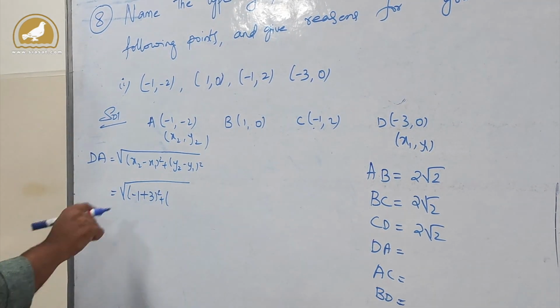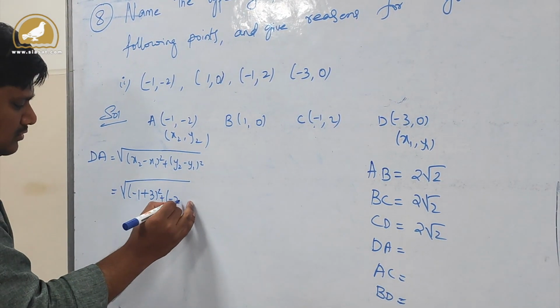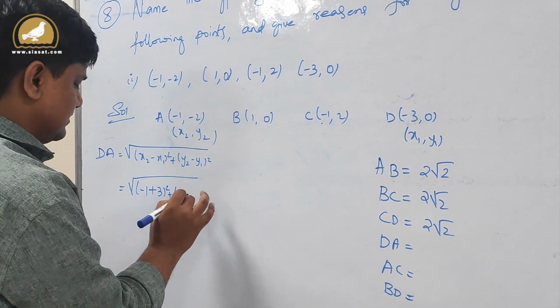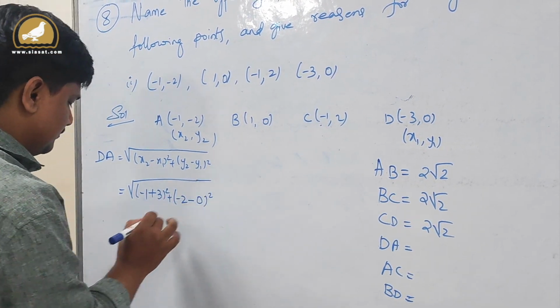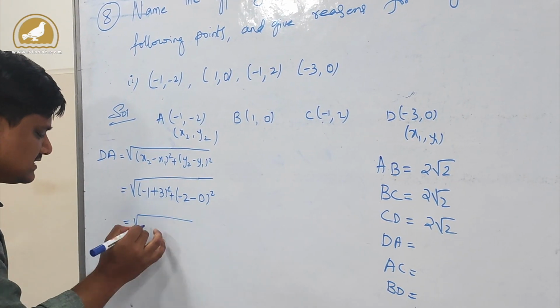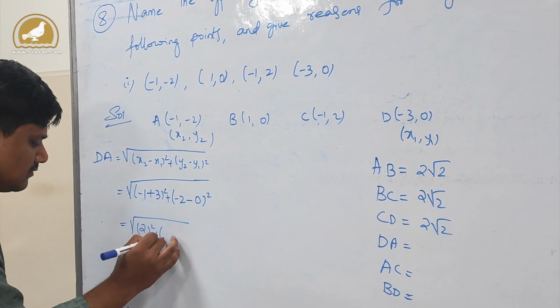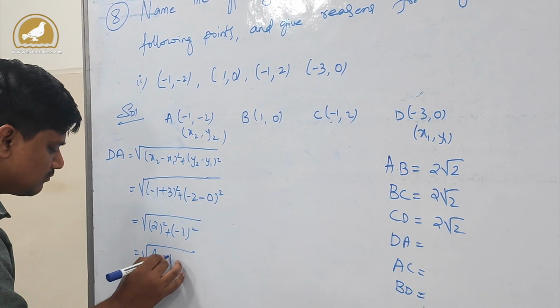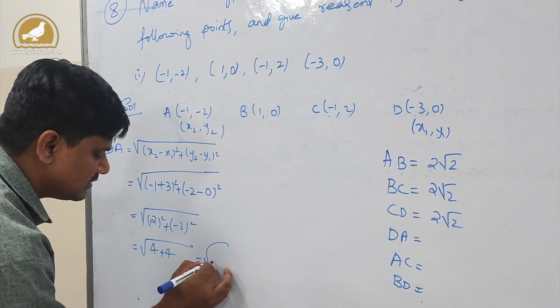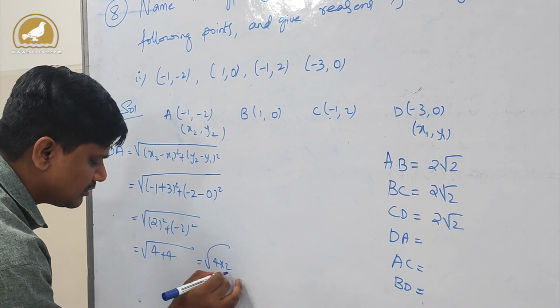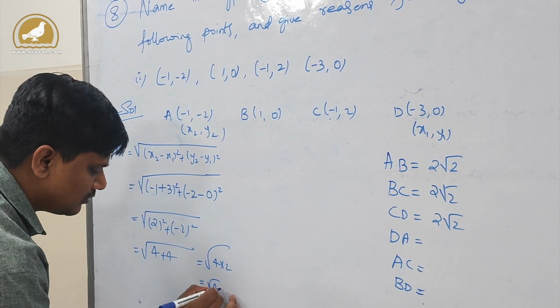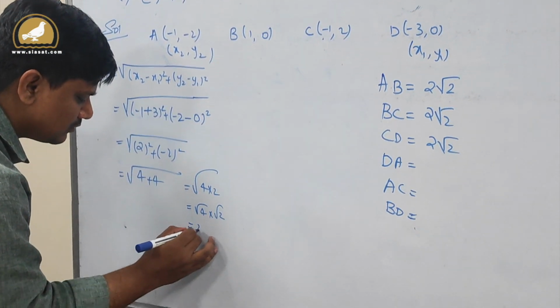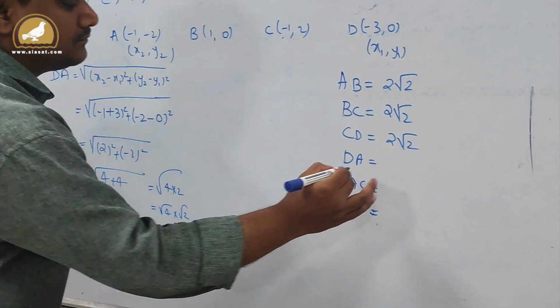The value of y2 is -2 minus the value of y1 which is 0. This is 2 square plus -2 square. 4 plus 4 is nothing but 4 into 2. Root 4 into root 2. 2 root 2 is your answer.